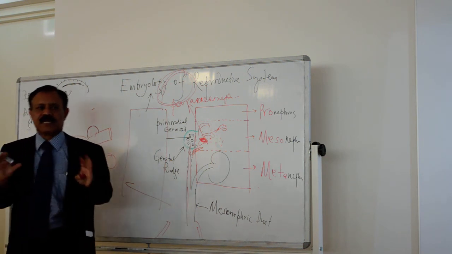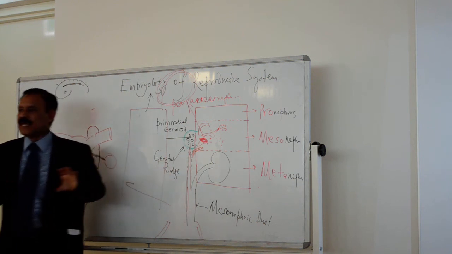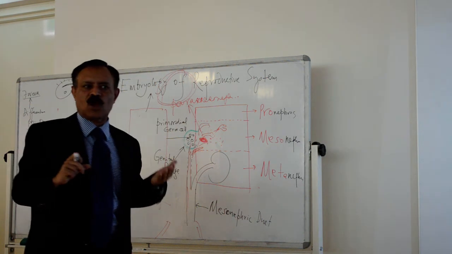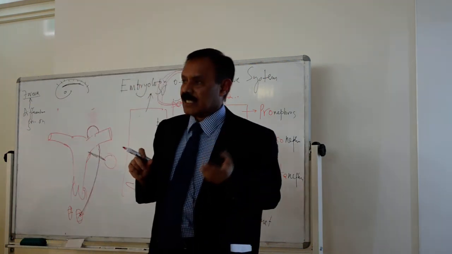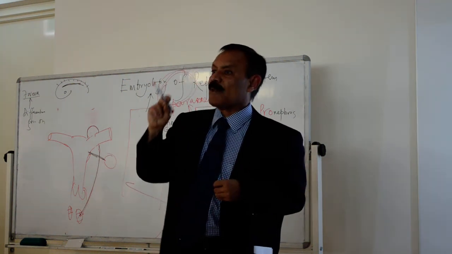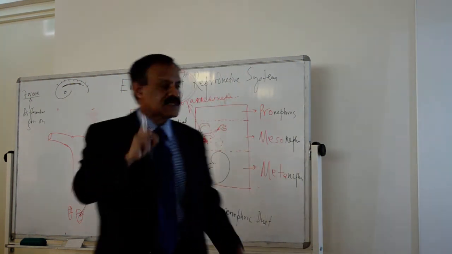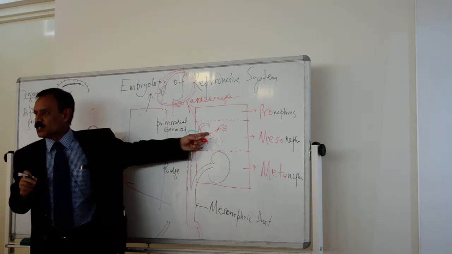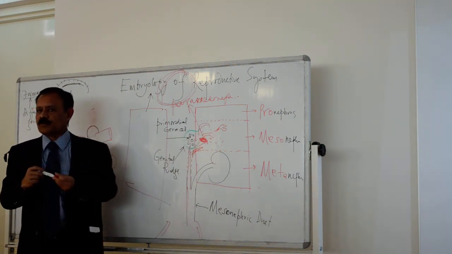One more time, what I try to say: I told you already that the remnant of the mesonephric duct in the broad ligament is called the Gartner cyst. But he's asking what are epoophoron and paroophoron. That is the mesonephric tubule. The remnant of the mesonephric tubule is called the epoophoron or paroophoron.